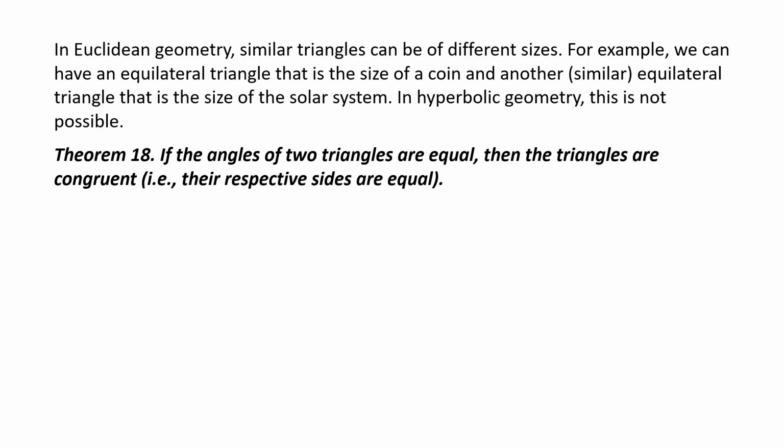We have this theorem: if the angles of two triangles are equal, then the triangles are congruent, meaning their respective sides are equal. So that's the case in hyperbolic geometry. You can have similar triangles that are actually always congruent. They're the same size, and we'll prove that in the next slide.